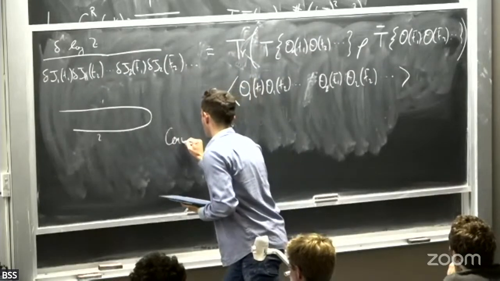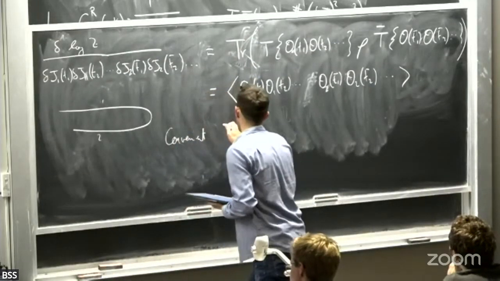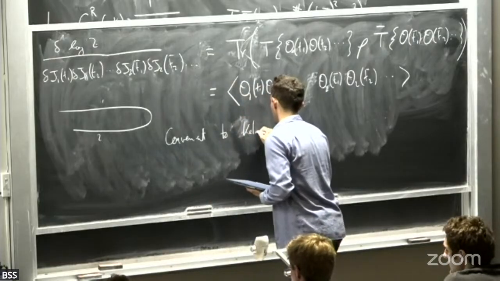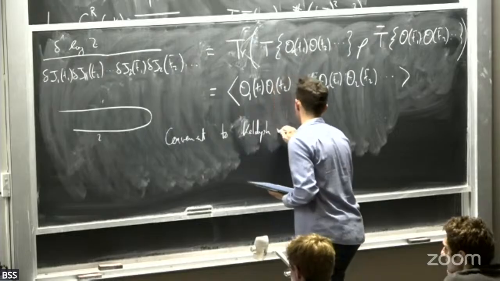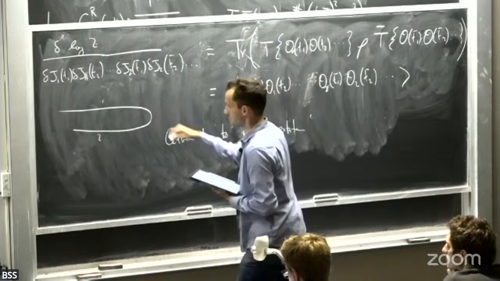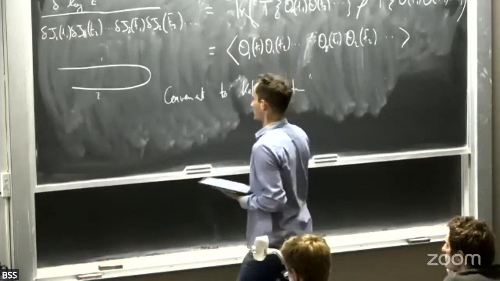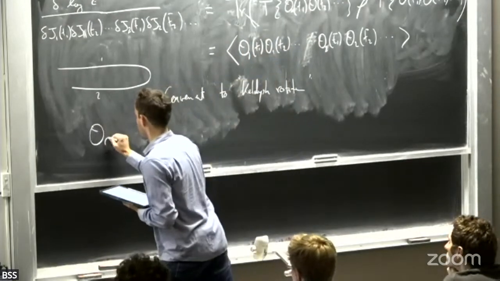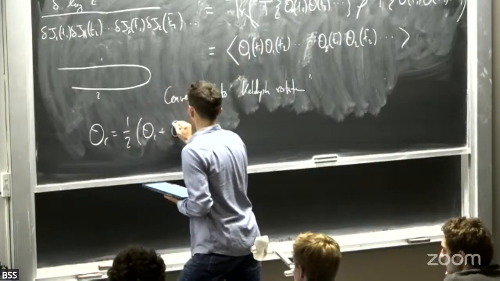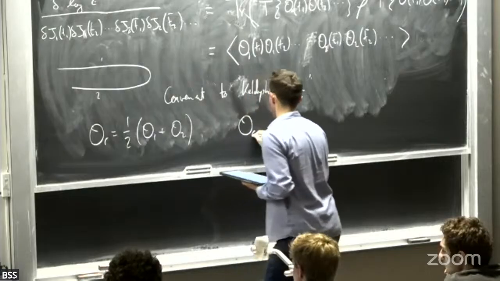And a final piece of notation. It's convenient to consider not just 1 and 2, but the average and difference, sometimes called Keldysh rotation. So the average fields or operators and the difference.